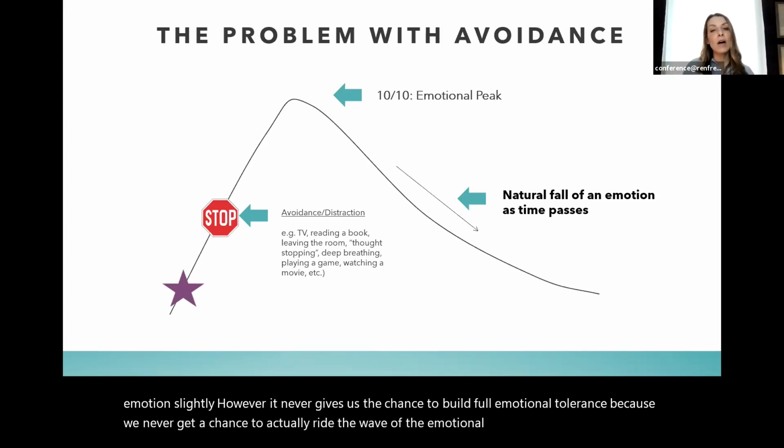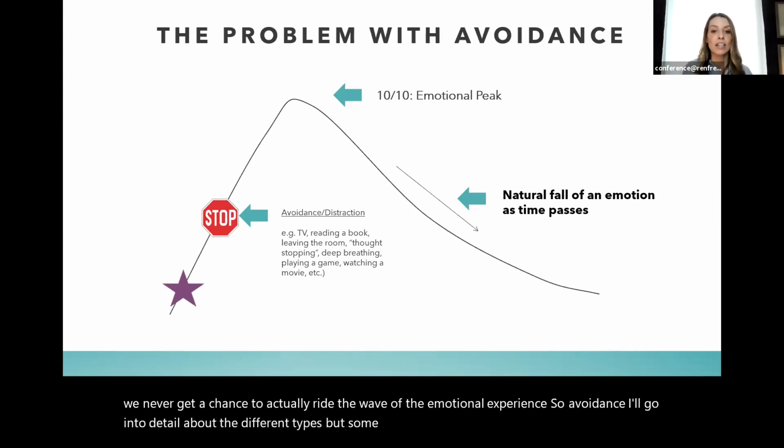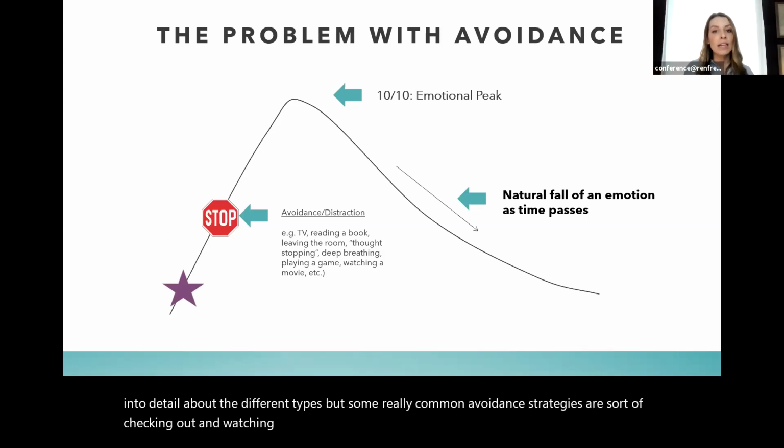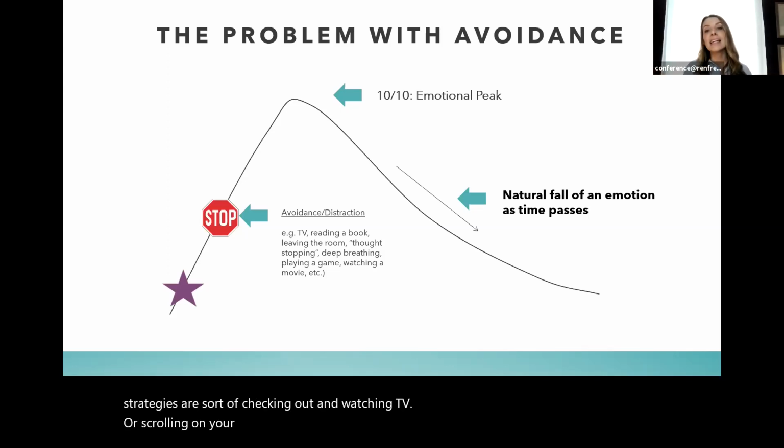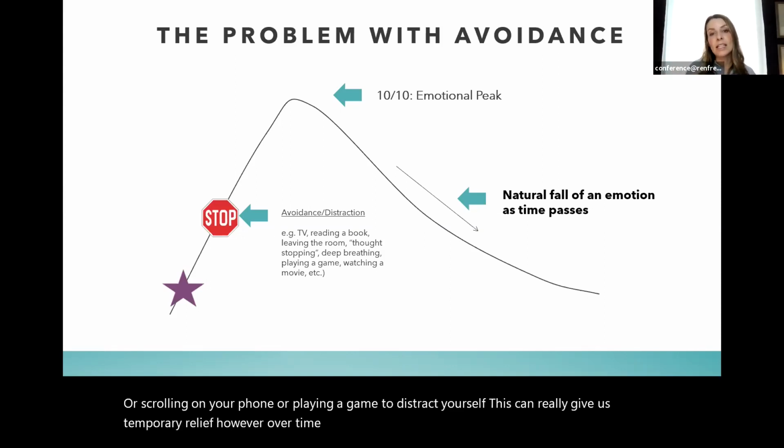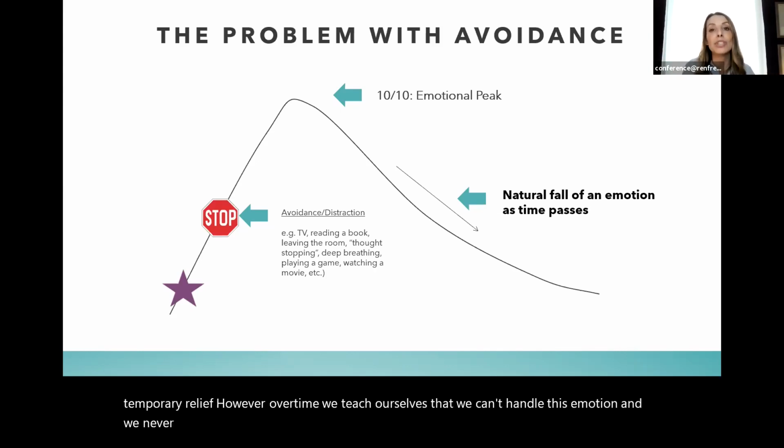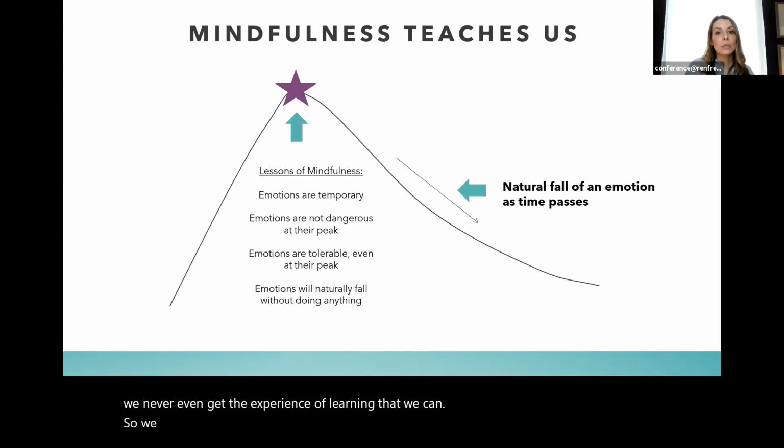I'll go into detail about the different types, but some really common avoidance strategies are checking out and watching TV, or scrolling on your phone, or playing a game to distract yourself. This can really give us temporary relief. However, over time, we teach ourselves that we can't handle this emotion, and we never even get the experience of learning that we can. So we do get stuck in this loop.